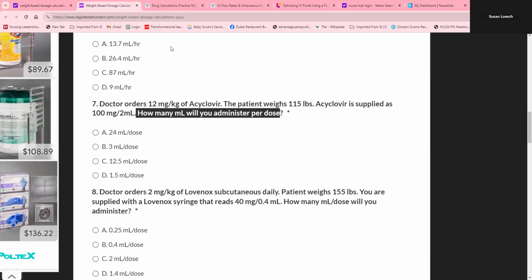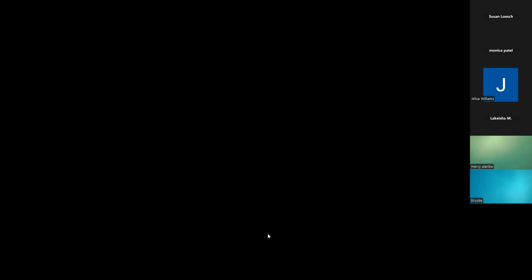Let's go to the whiteboard. With pounds to kilograms, the best thing to remember is that patients like to be weighed in kilograms because it's smaller.